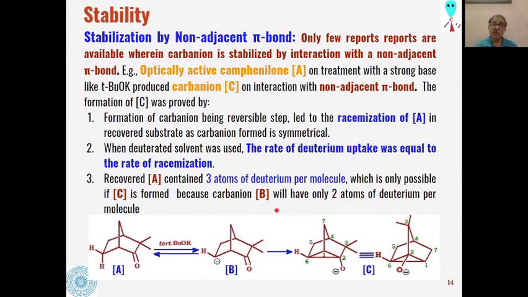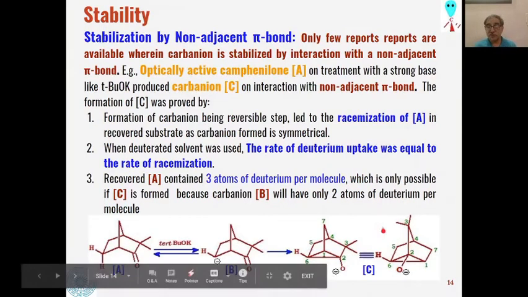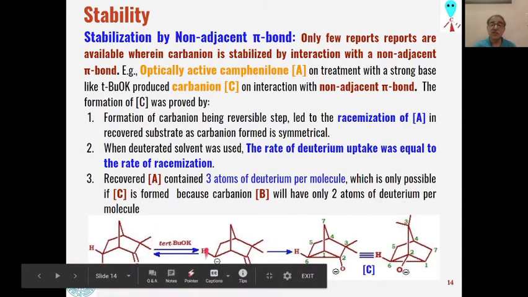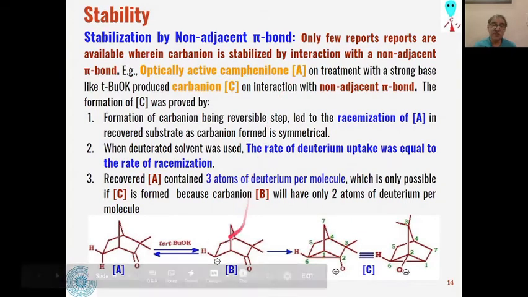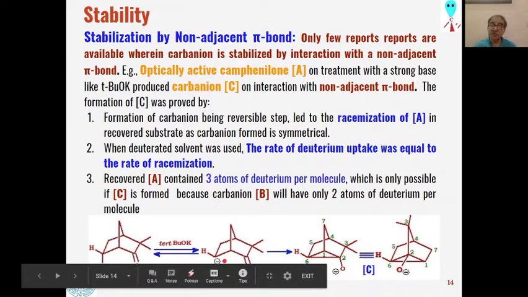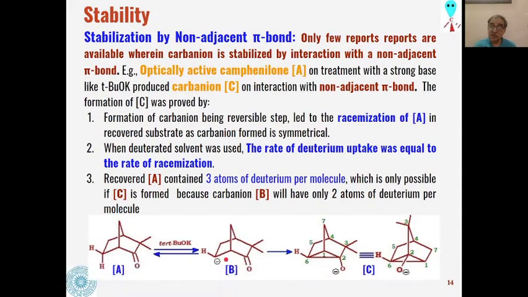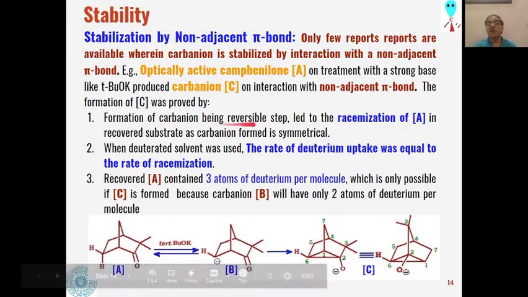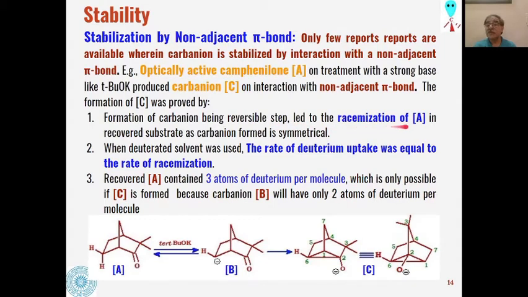The formation of this C can be proved from the following points. As you can see here, the first step is a reversible step, and we have started with an optically active camphenilone. If this is a reversible step, that means this can take up H positive ions and give us back this one. So formation of the carbanion, being a reversible step, can lead to racemization of A in the recovered substrate, as the carbanion formed is a symmetrical one.